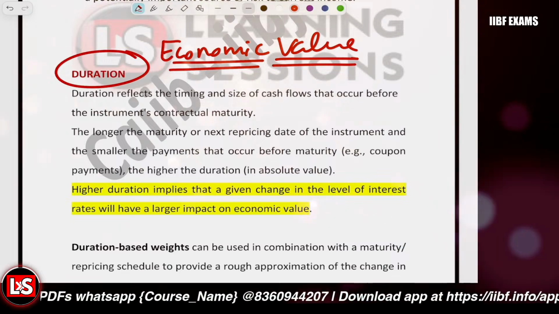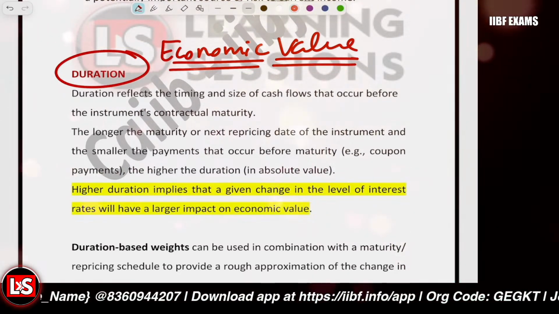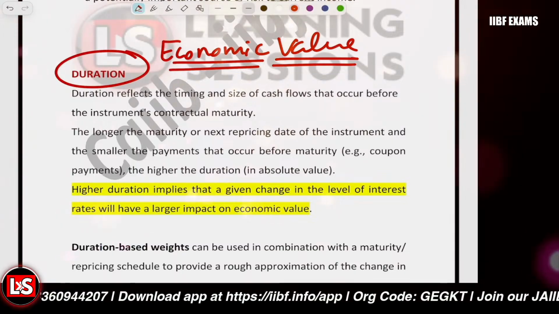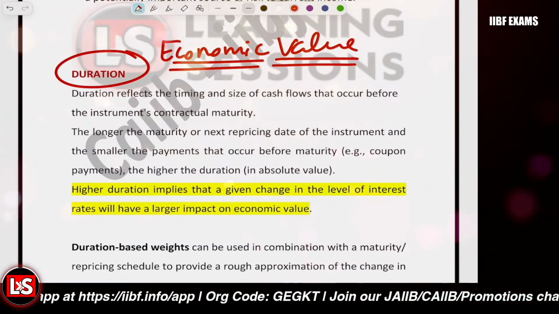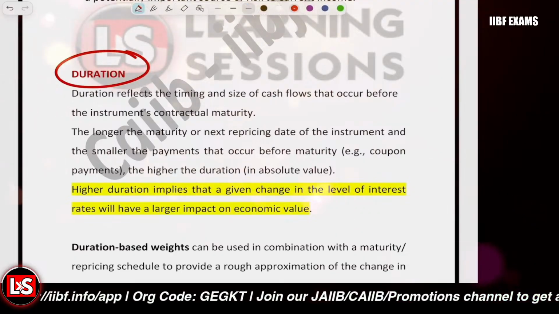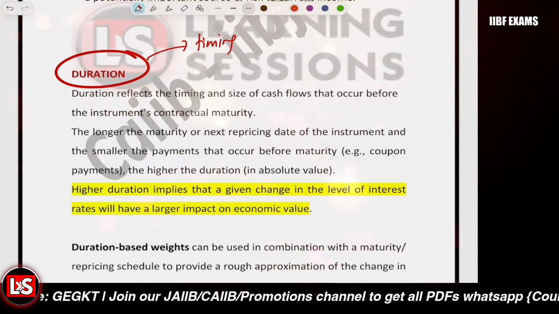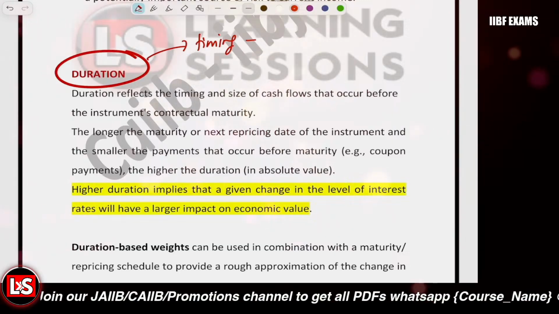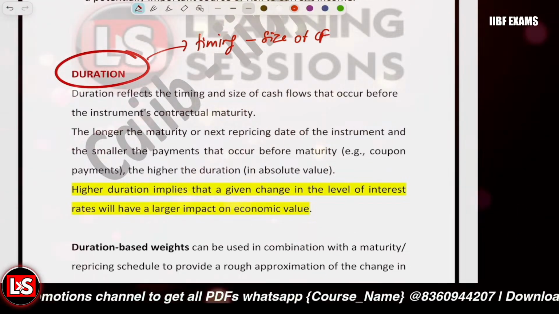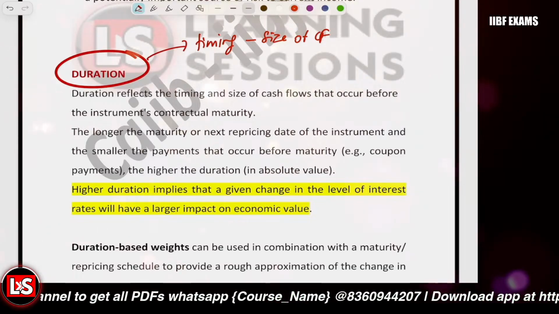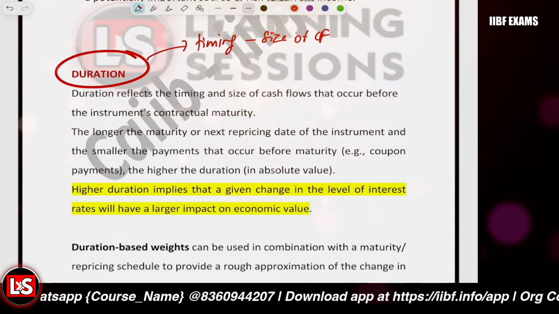Like when the interest rate changes, how sensitive our instrument is toward that. And it is based upon the timing and the size of the cash flow. So the duration is basically based on the timing, and it is based upon the size of the cash flow, right? And moreover, it measures the sensitivity of the instrument.